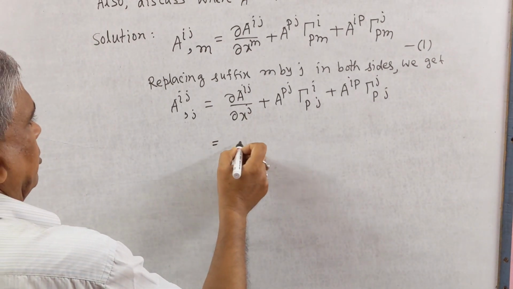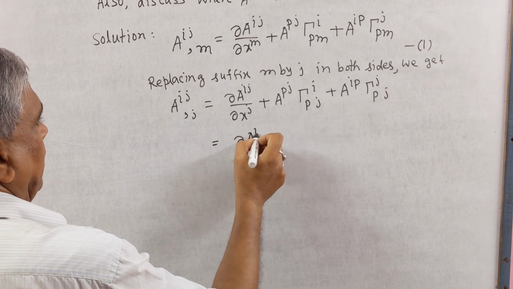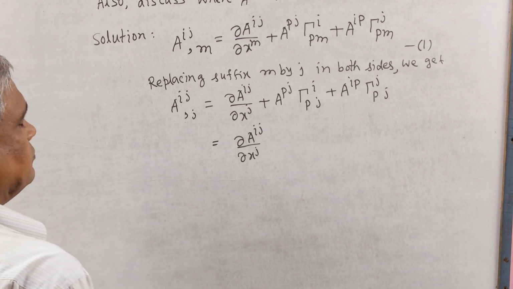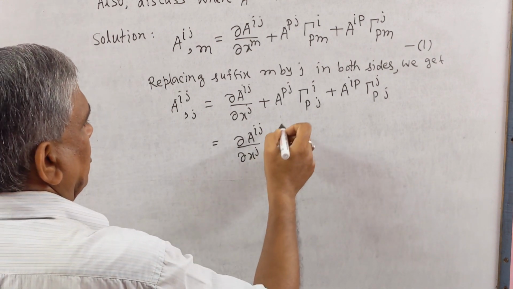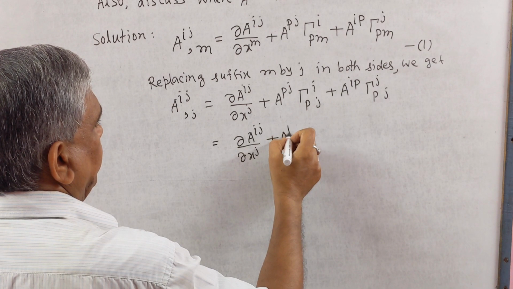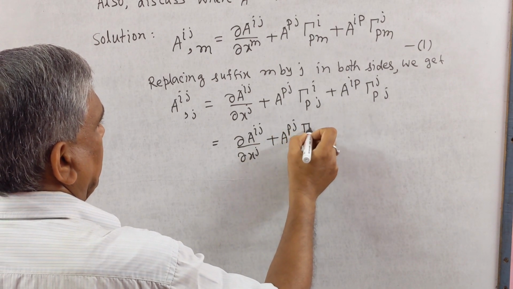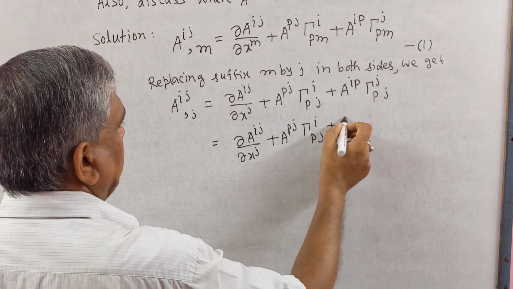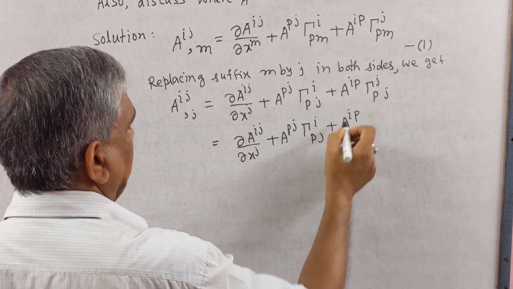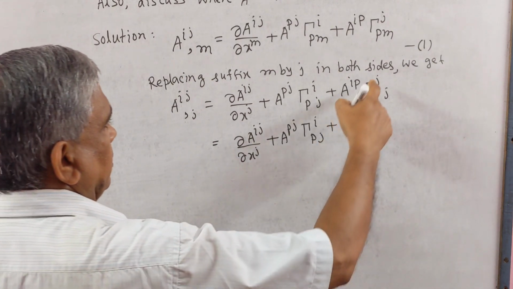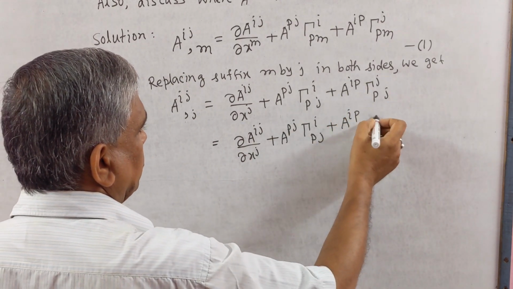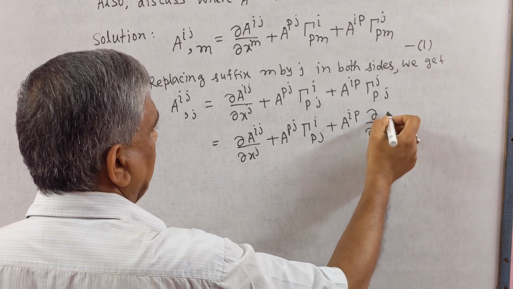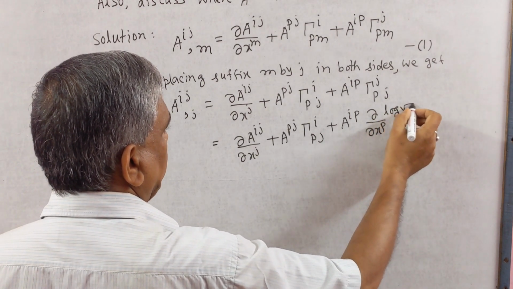This equals del A^ij by del x^j. This is A^pj {i, pj}. This is A^ip. Here j is the dummy suffix, so this will be equal to del by del x^p of log square root g.